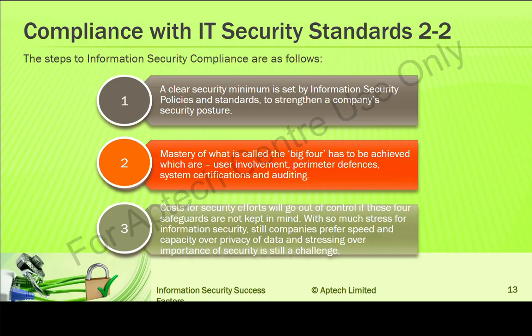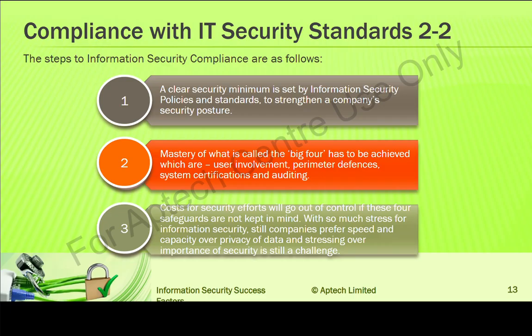Perimeter defenses, like this building, the security that is there has to be in place. And the system has to be software and systems certified by the policy or by the information security standard, and then auditing them.